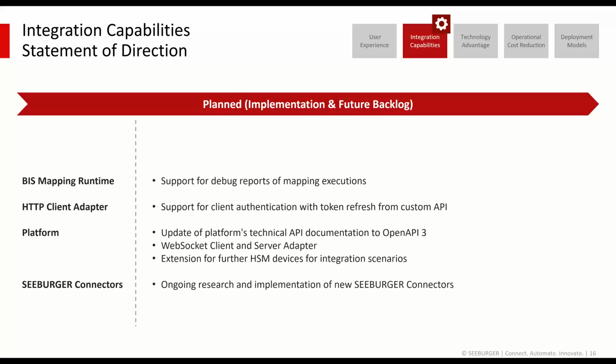These are not traditionally supported in the HTTP client adapter directly, but we have now enhanced the framework to allow a generic approach where we can basically call a process to refresh access tokens from a custom API and have this be integrated directly into the client adapter.